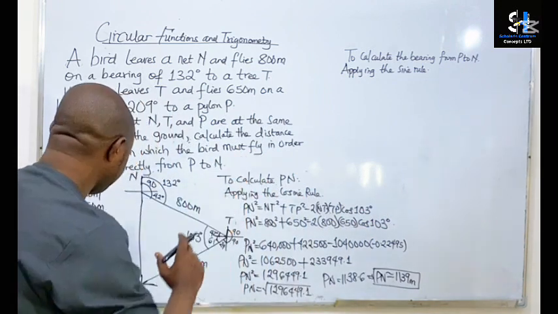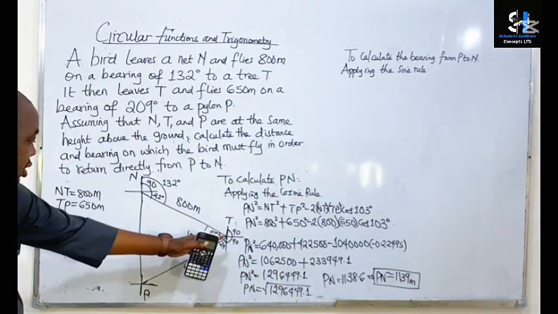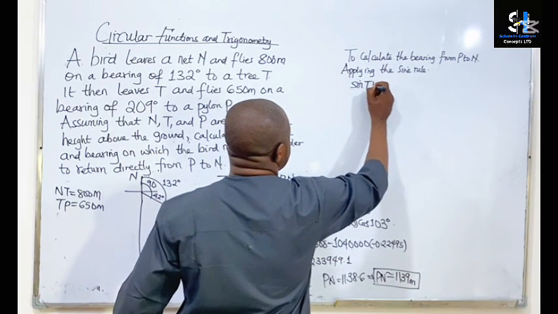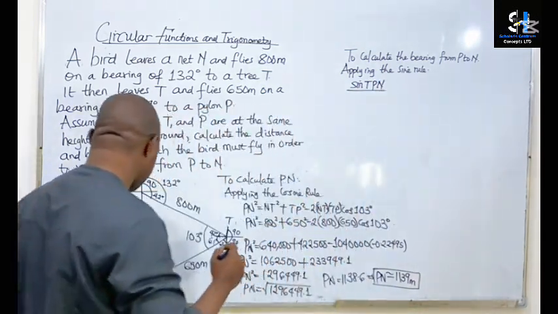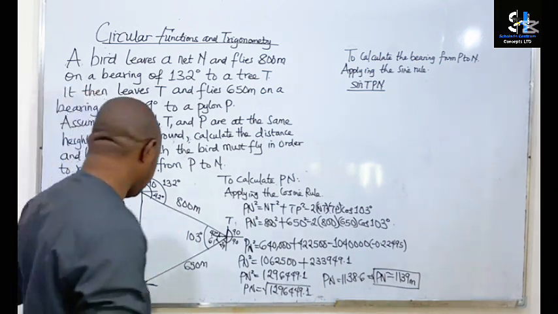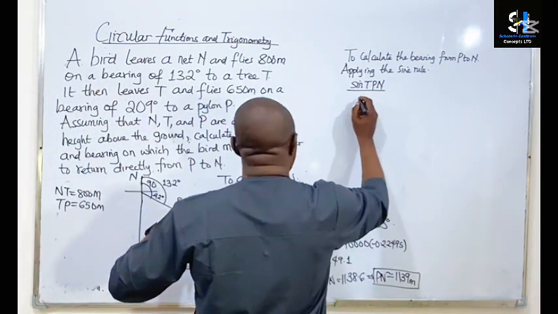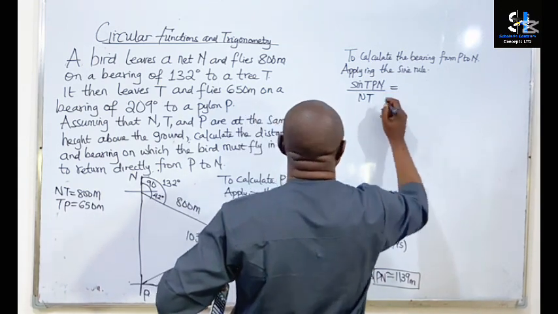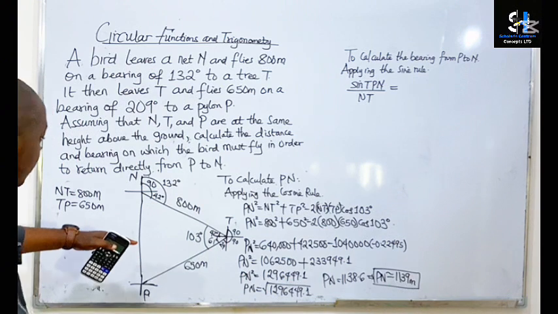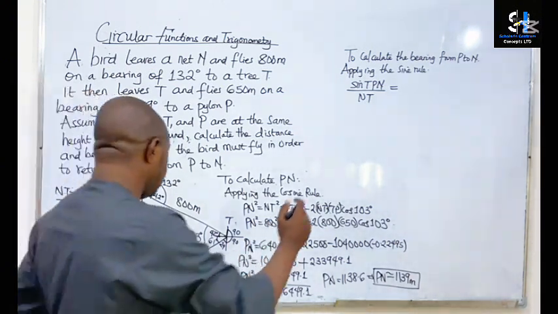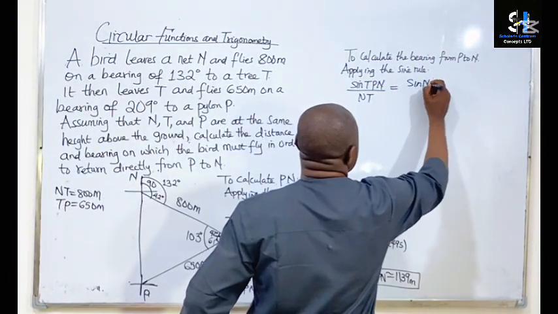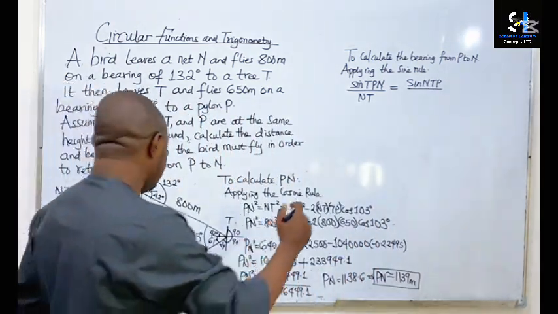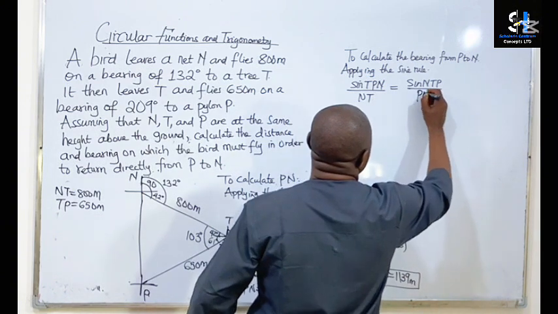If we take this to be TPN, we know that sine TPN divided by NT, this angle being opposite NT, equals sine NTP divided by PN, the one we just calculated.